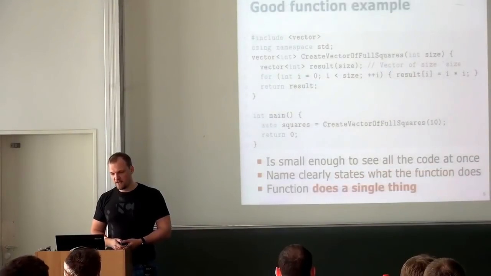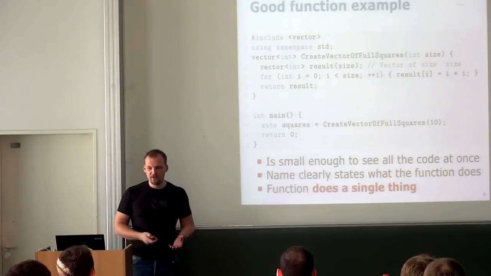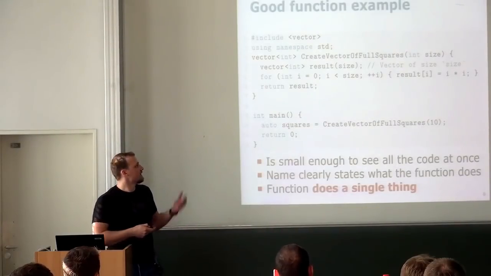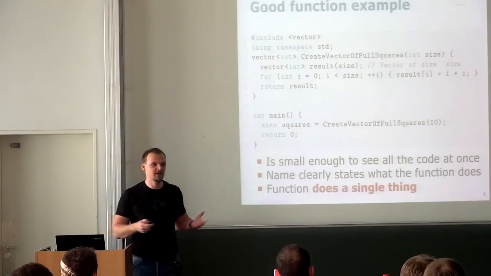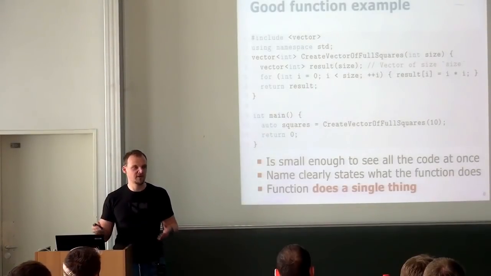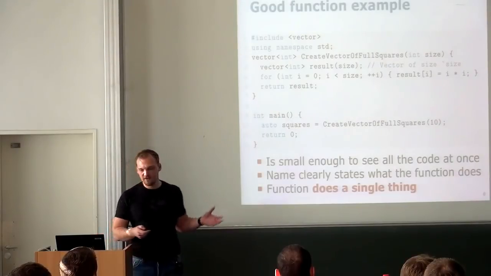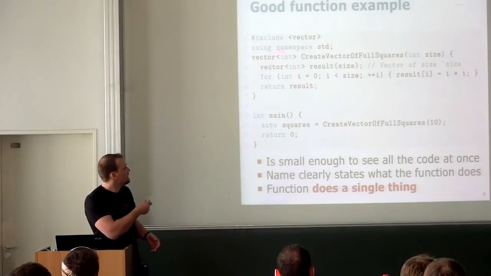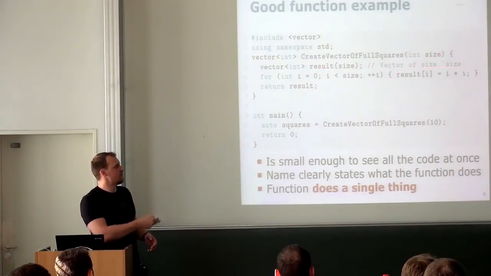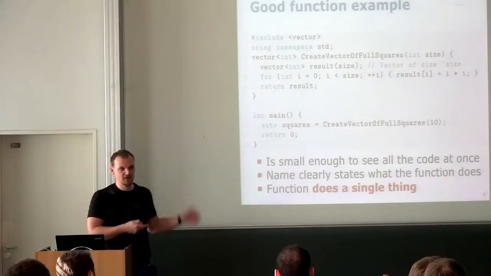Good. So for example, a relatively good function example would be create vector of squares. It tells you exactly what's going to happen. It's going to return you a vector filled with squares. And it's small, so it's easy to read. You create a vector, you go through this vector, and you fill it with squares of numbers, and you return the vector, right?